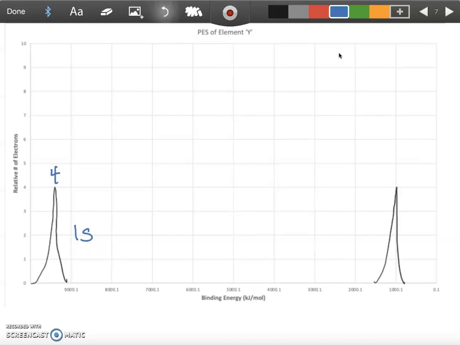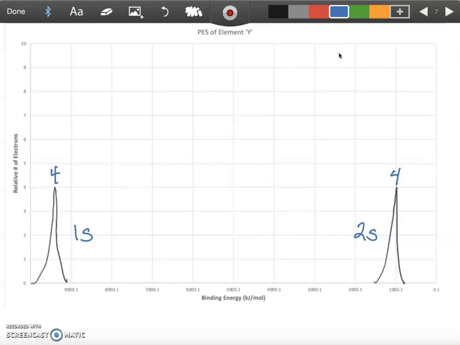We'll get back to that in a bit. The next orbital over is all the way over here on this peak. This must be the 2s, because the 2s is next in line. And it too is showing a peak at a relative intensity and number of electrons of 4. Again, that really doesn't make any sense, because the s orbital can only hold 2 electrons.